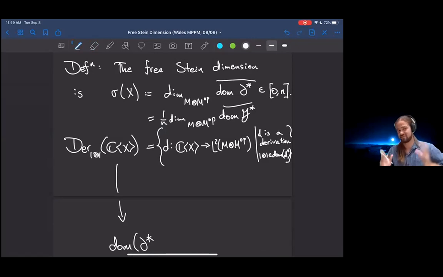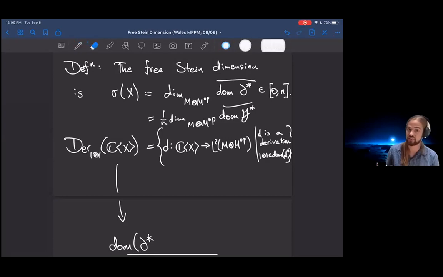But for technical reasons, it's often nicer to work with the domain of partial star rather than the domain of J star. More or less, translating between the domain of J star and of partial star amounts to taking just a list of n things that are in the domain of delta star. You can go back and forth very easily, but for technical reasons, it's a little nicer to work with partial star. Okay, yeah, thank you.